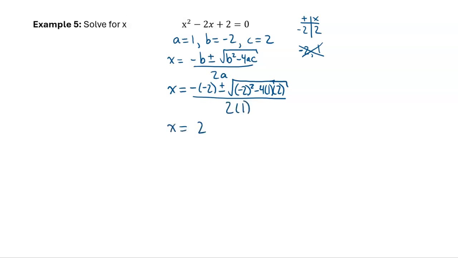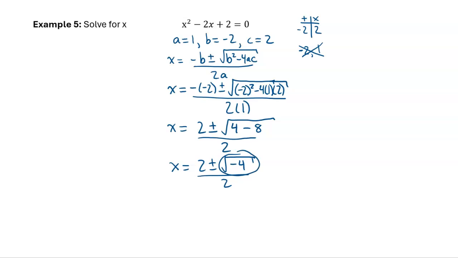So x equals positive 2. The double negative makes that positive. Plus or minus the square root of negative 2 squared is 4. But then we have minus 4 times 1 times 2. This is minus 8, all over 2. So x equals 2 plus or minus the square root of negative 4, all over 2.